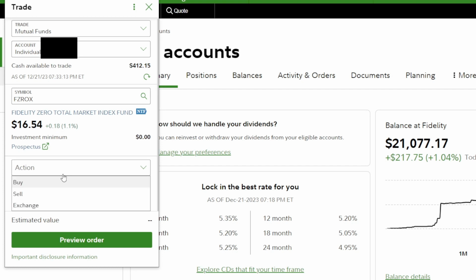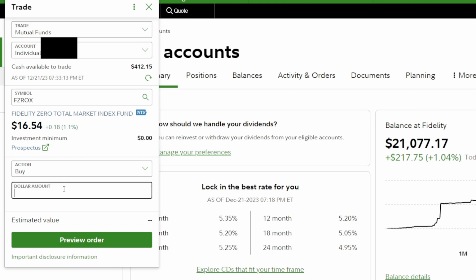You can do buy, sell, or exchange. In this case, we would want to buy, and then you can do any dollar amount. So it is $16.54 a share currently, but you do not have to buy that much. You could put in just $10, and you'd get a fraction of this Fidelity Zero Total Market Index share, and you get $10 worth. And so this one is just a really good all-around stock to have.